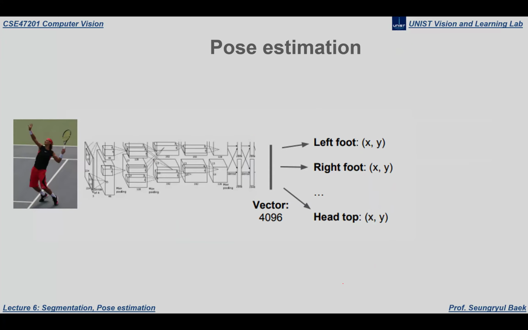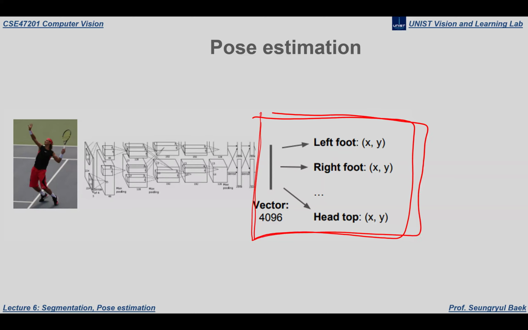The naive implementation of pose estimation would be to replace the output part of the ResNet. ResNets are originally trained to output a probability vector.